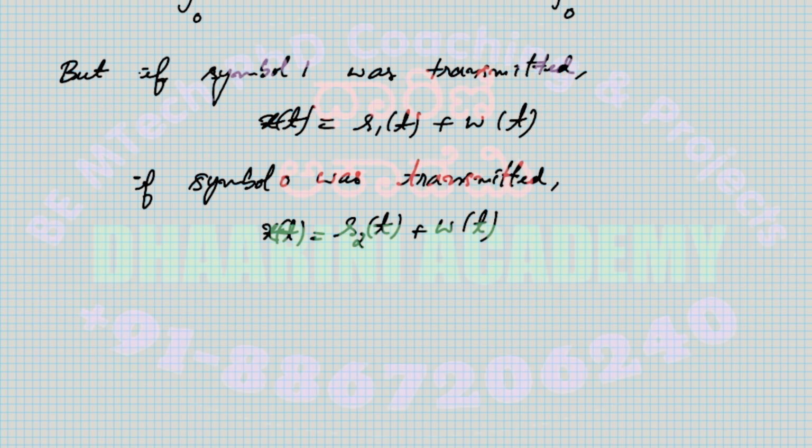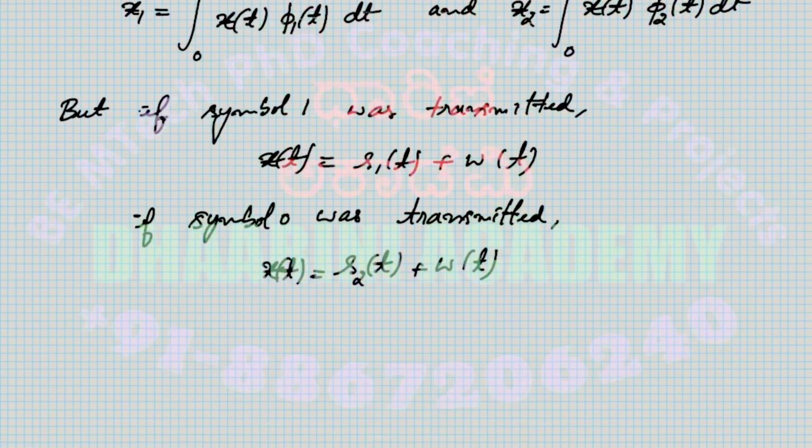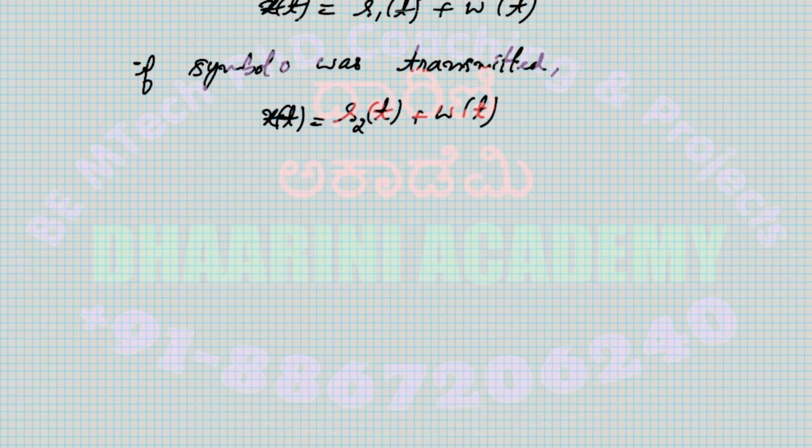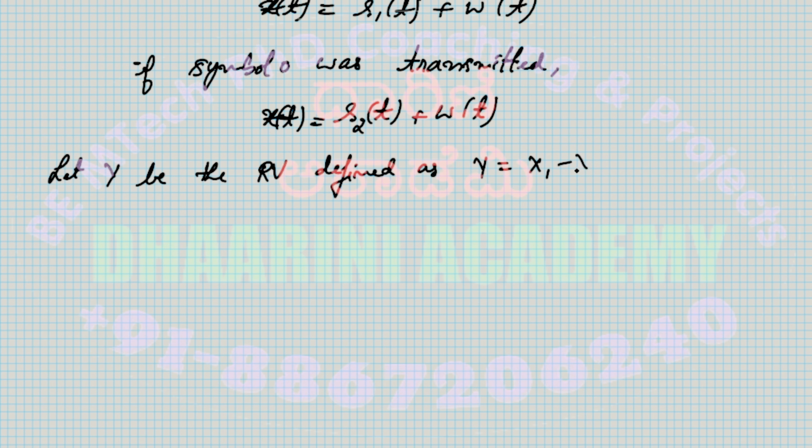Let capital Y be the random variable defined as capital Y equals capital X1 minus capital X2.